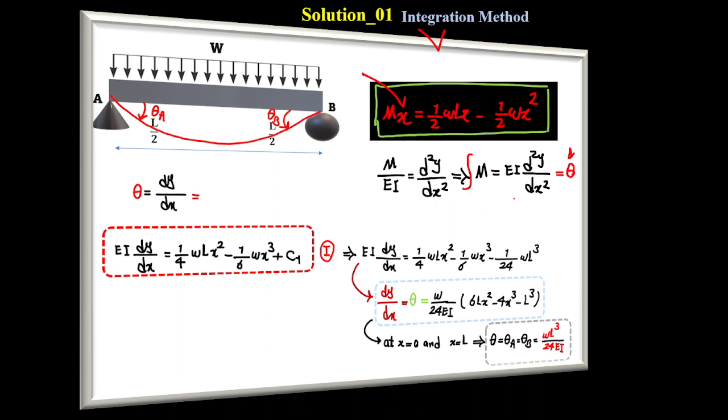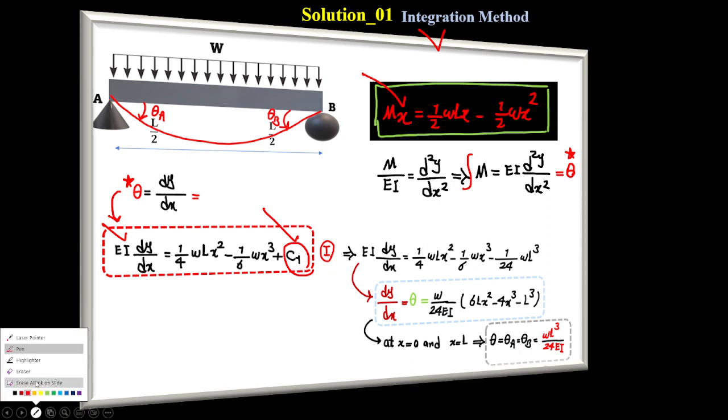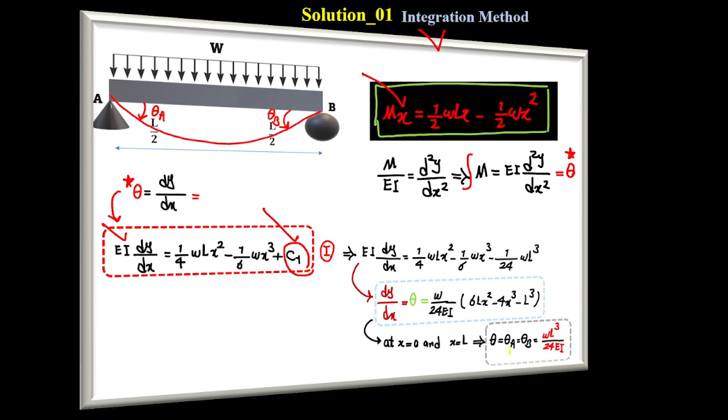If you integrate M, it gives you theta. You just replace that in here, use the known conditions to calculate the constant C1, and if you replace it in the integration, the final result gives you theta A equal to theta B equal to wL cubed over 24EI. That's the answer by the integration method.